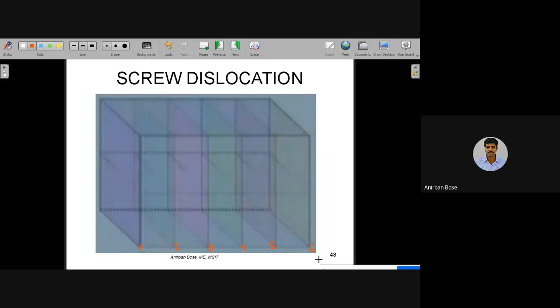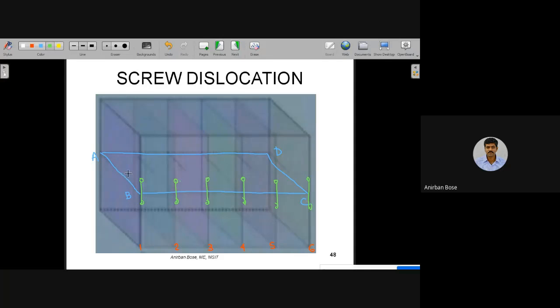See, again, these 6 vertical planes and that intermediate plane A, B, C, D. Now what we are doing, as you know, the atoms were there above and below this plane, like this.